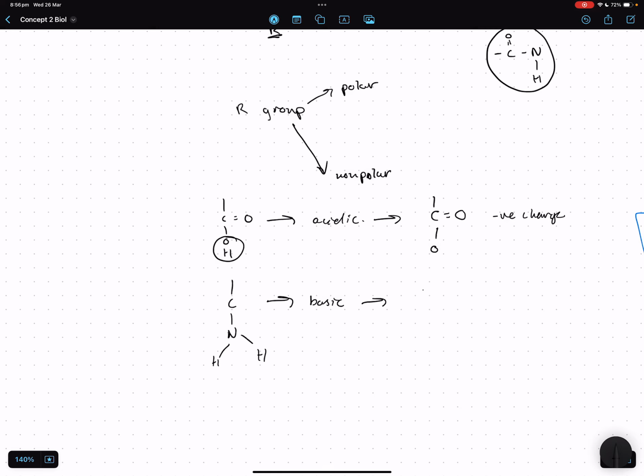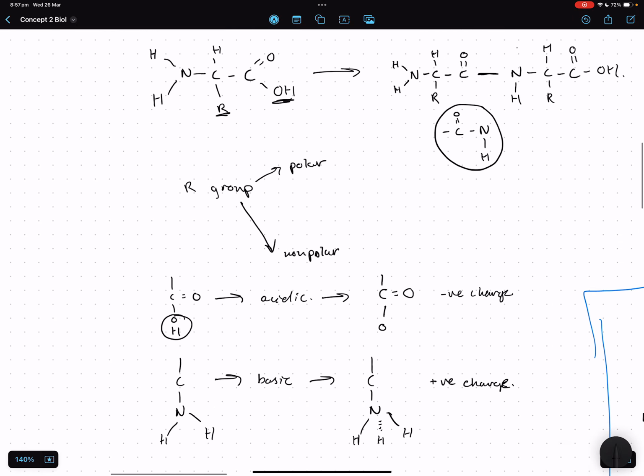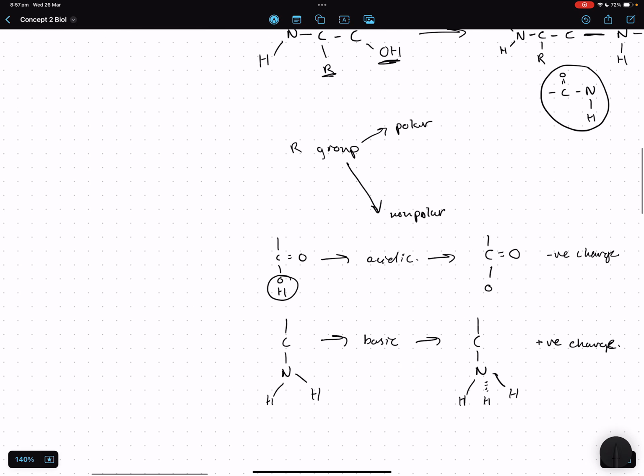And this one is basic, so it'll gain an extra hydrogen, and this will cause it to be a positive charge. Yeah, Bronsted-Lowry, nice. And the non-polar groups, if I just do CH, it's non-polar.